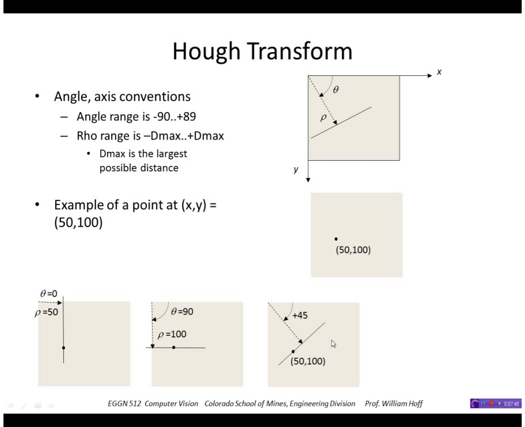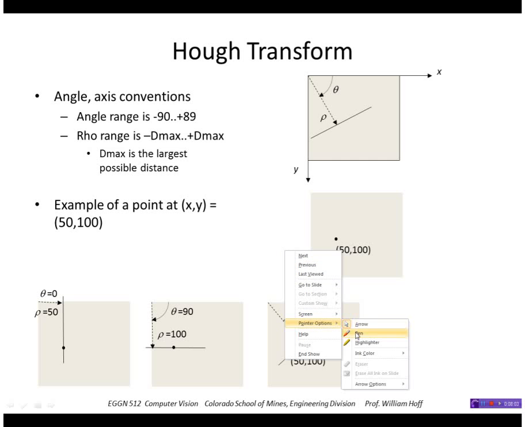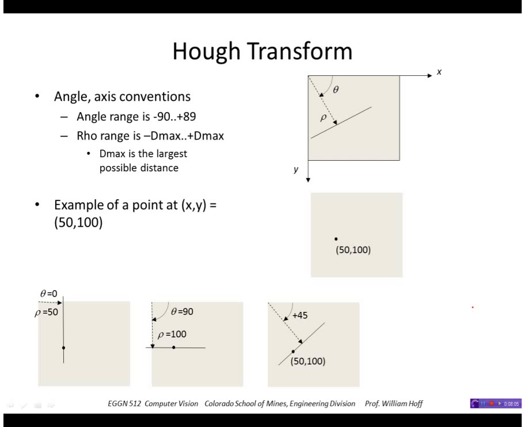Another possible line is this diagonal line here, which would occur at an angle of 45 degrees. To figure out rho, let's go ahead and calculate that from the equation. So remember we had rho equals x cos theta plus y sine theta.